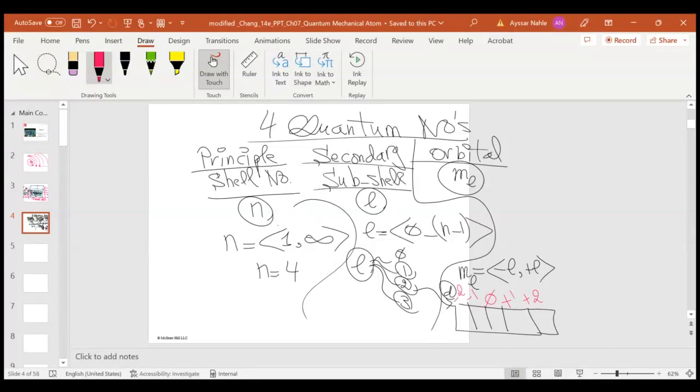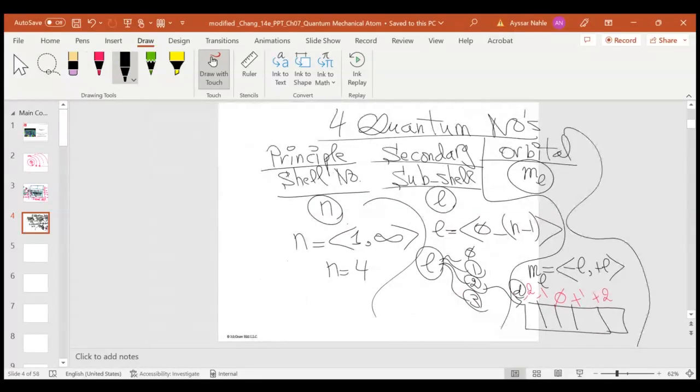The last quantum number, the fourth quantum number, we call it the spin number, and we will call it m subscript s.